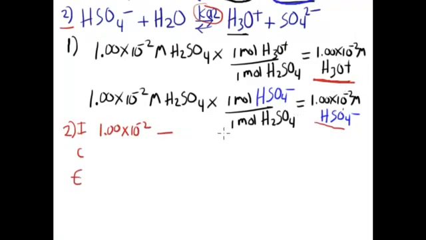So we have initial concentration of hydronium from the first step, and sulfate is 0. So go ahead and pause the video and calculate the equilibrium concentration of H3O plus from the second step, and then add it to the first step and find the pH.